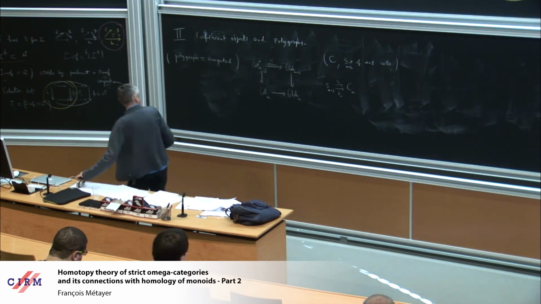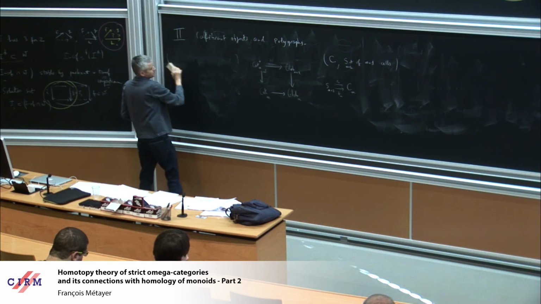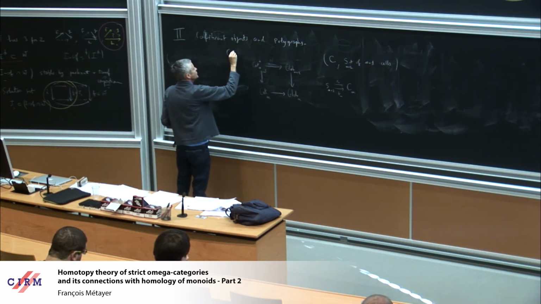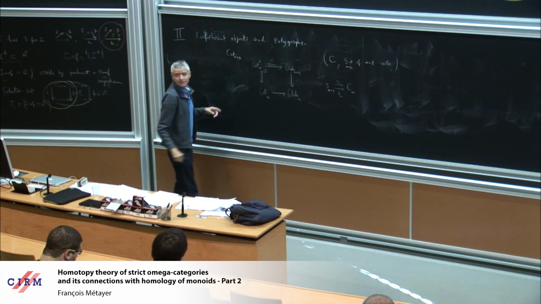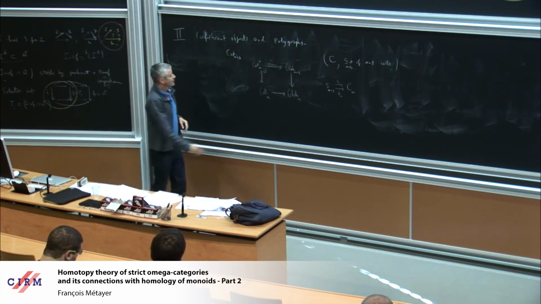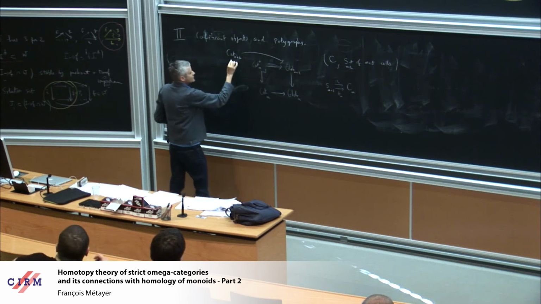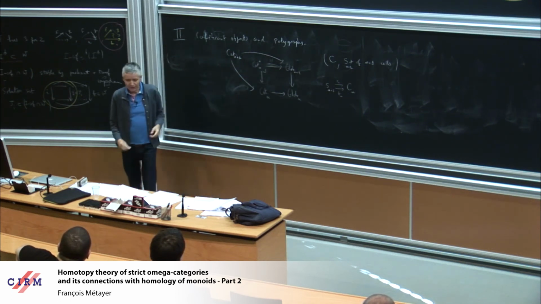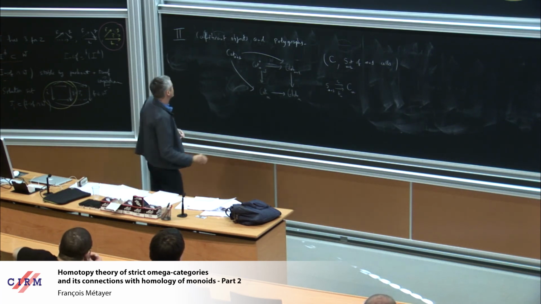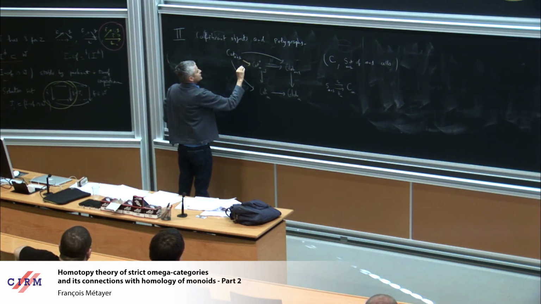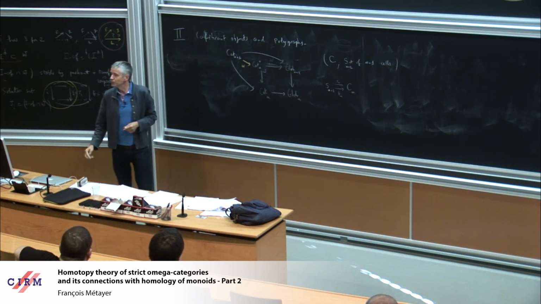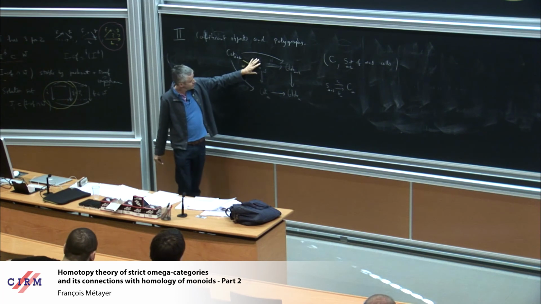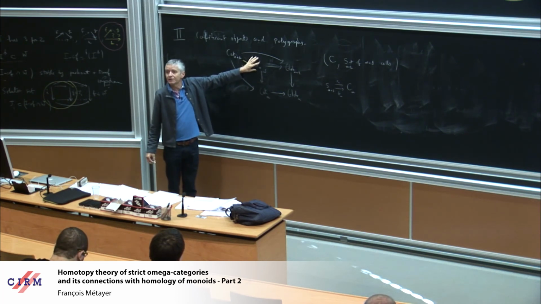Now, if you take here Cat n plus 1, this square commutes, forgetful functor, truncation here, and you get a functor W taking an n plus 1 category to an object of this one here.